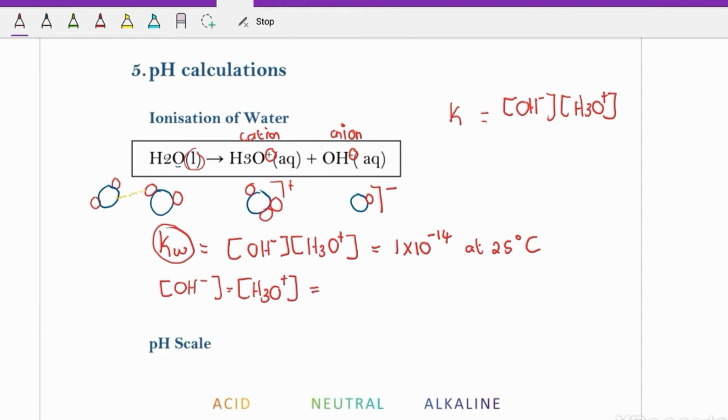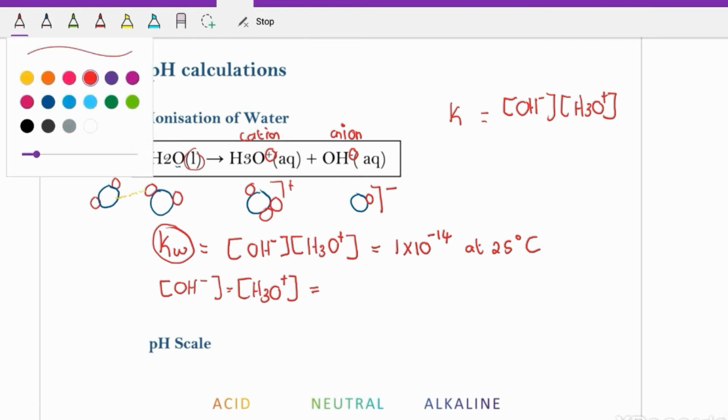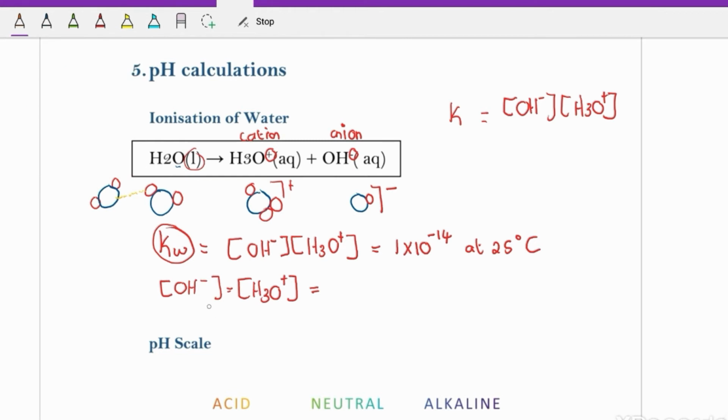If that's the case, then we can make a mathematical equation from this and say that if these two concentrations are equal, let's say each concentration is x. So if this is x and this is x, then that gives us x squared, because it's x times x. So x squared is then equal to 1 times 10 to the negative 14.